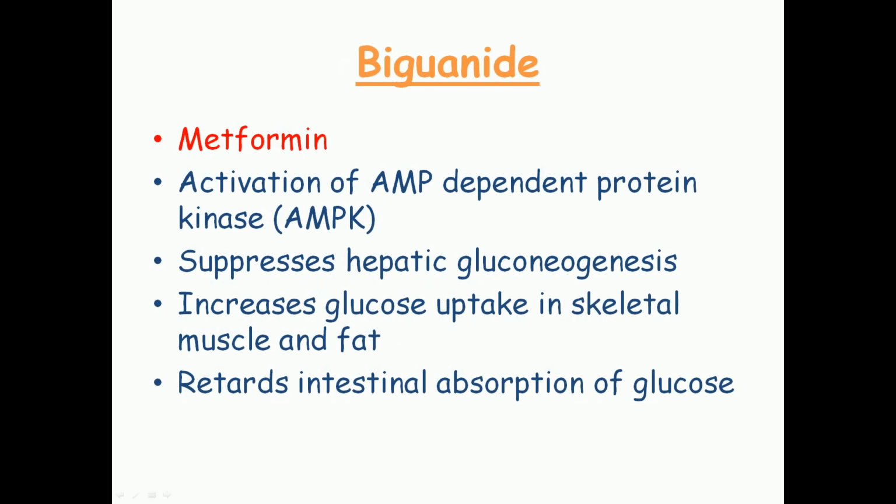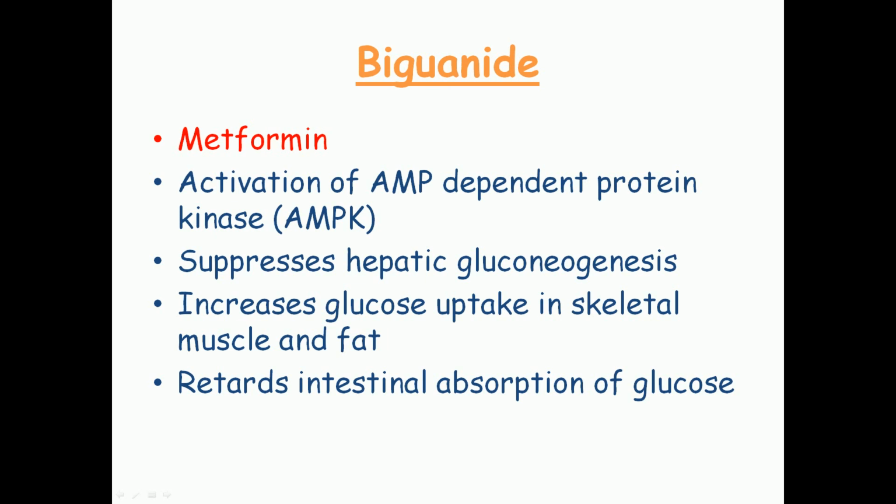Now we'll see about the most important drug in the treatment of type 2 diabetes mellitus in recent days, which all type 2 diabetes patients will be taking. It is metformin. Now how does metformin act? Metformin will basically cause activation of AMP-dependent protein kinase. By doing so, it has many actions.